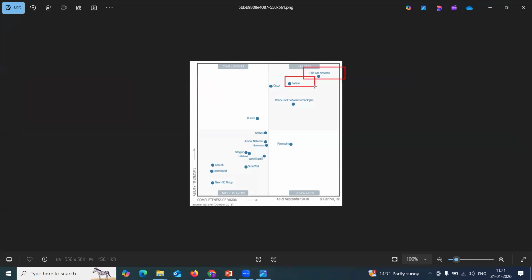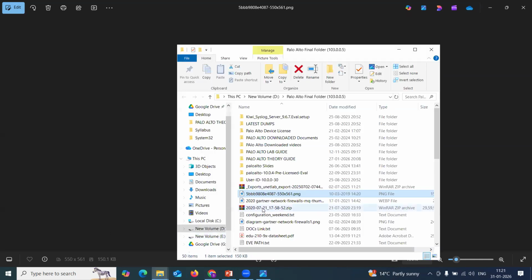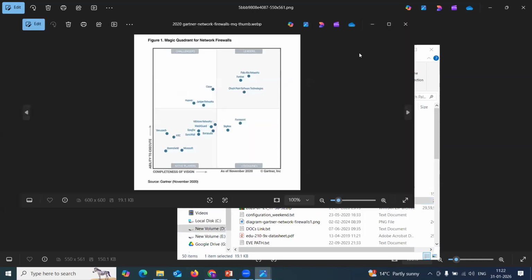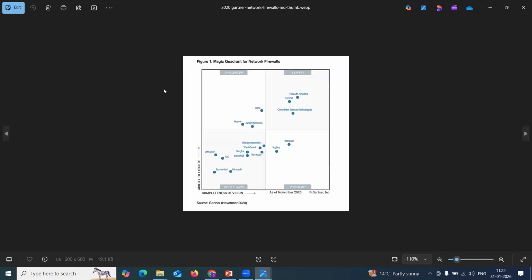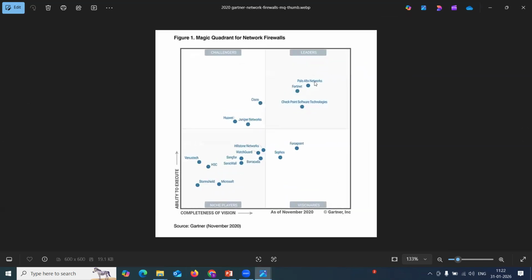Palo Alto, Fortinet, Cisco, and then Checkpoint. But all these four firewalls are the top firewalls in the market. In 2018, this was the top list of firewalls. Now let's see 2020. In 2020, Palo Alto top, Fortinet second, and Checkpoint third, and Cisco went out of the leaders category.